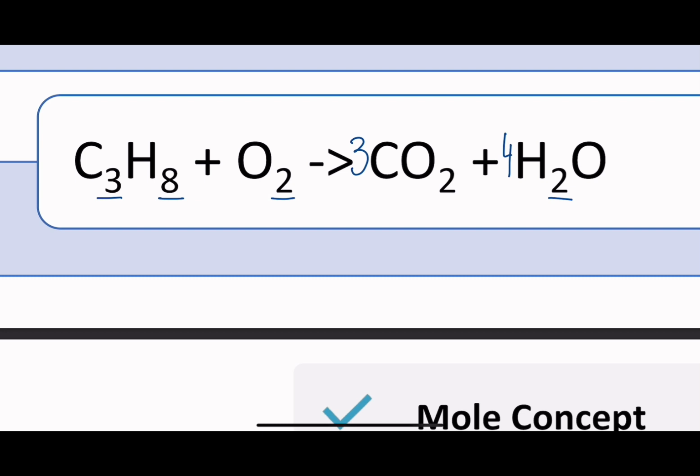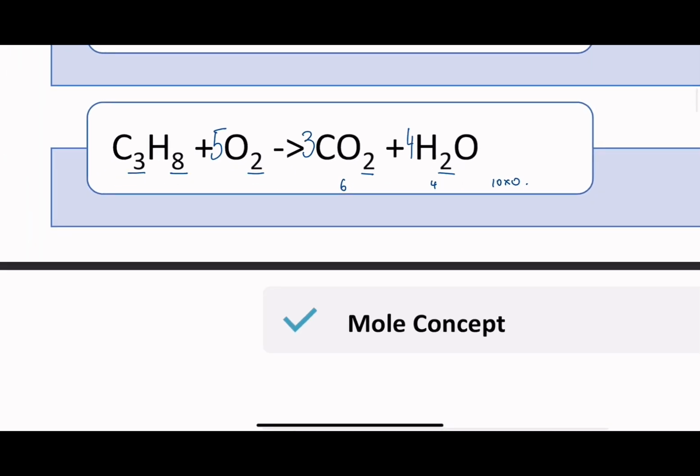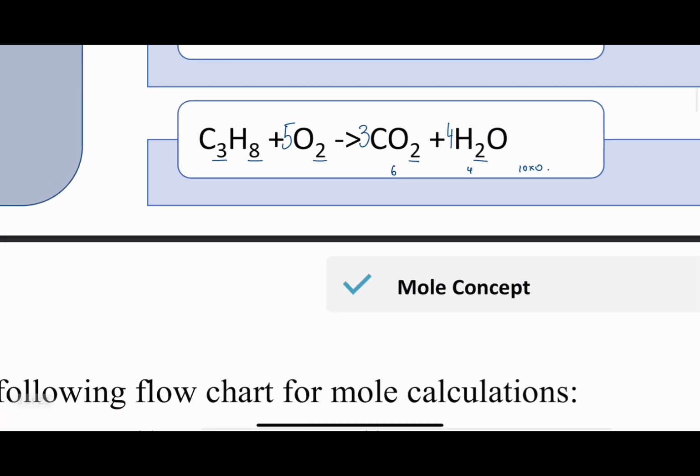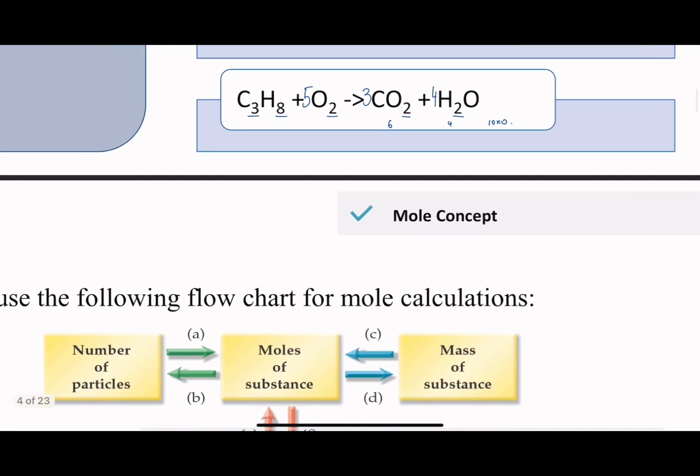I got 2 oxygen on the left side, but I have 2 times 3, which is 6 oxygens, and 4 times 1, which gives you together 10 oxygens. So in order to balance it with the left side, I will multiply it by 5. So altogether now everything is balanced. Using these chemical reactions, we're going to do some calculations. So know that you have to know how to perform balancing.